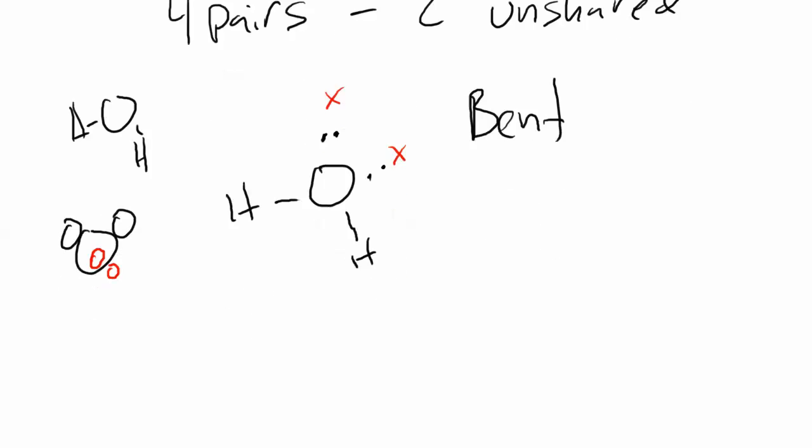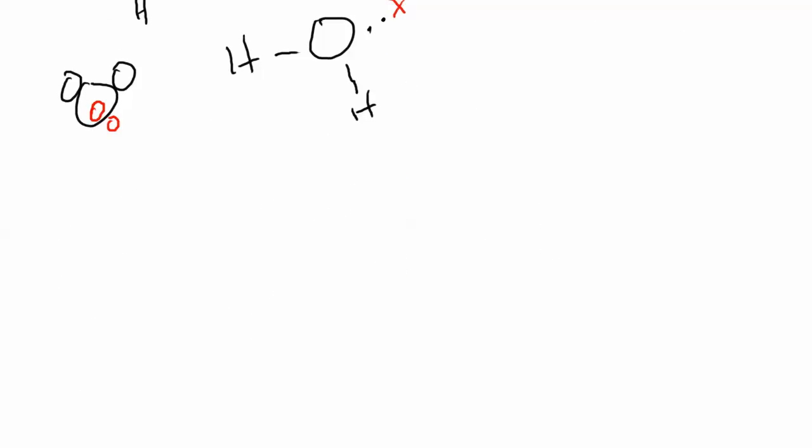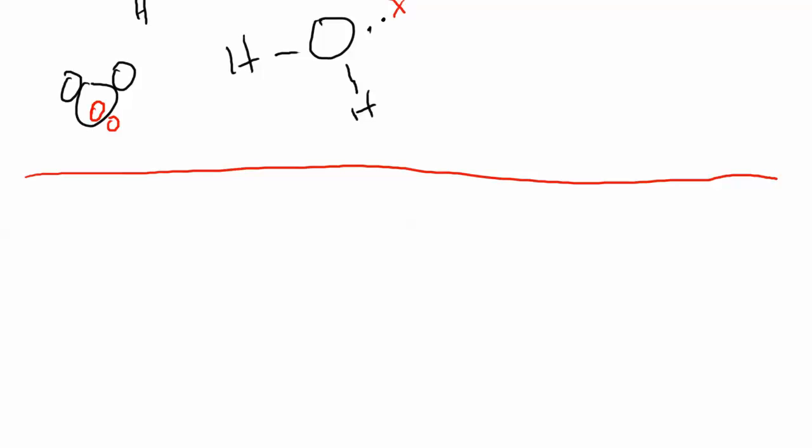And then things start to get a little bit crazy. The following shapes are not very common, but they do exist, so I do want to mention them. Sometimes you'll actually have more than 4 shared pairs around the central atom. So the next one that we're going to look at has 5 pairs of electrons.